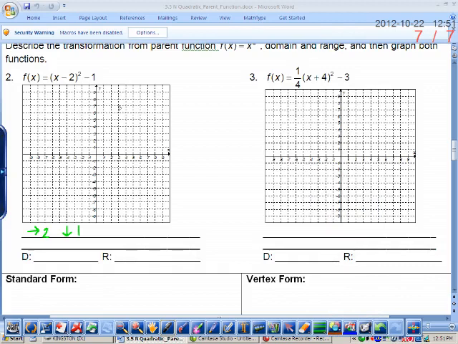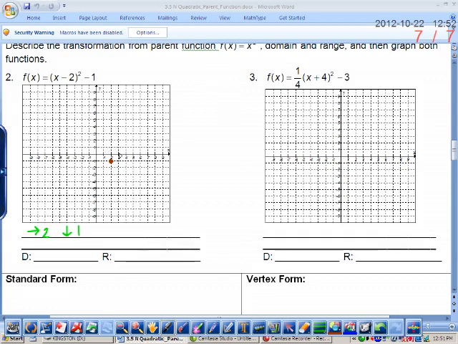So my vertex, as we just remembered, was at 0, 0, so I go right 2, down 1. Why is it right 2 and not left 2? Good. Inside the parentheses, you do the opposite. Perfect.